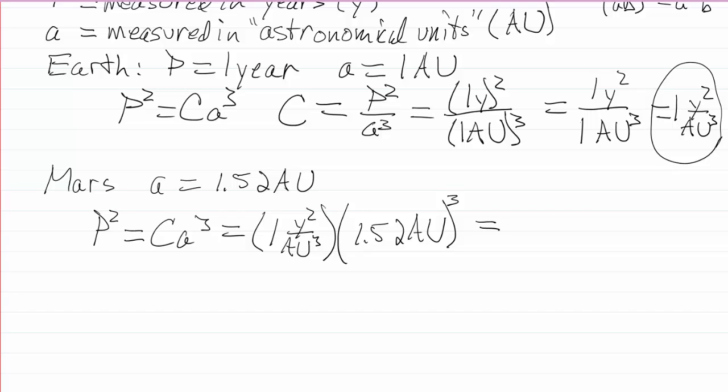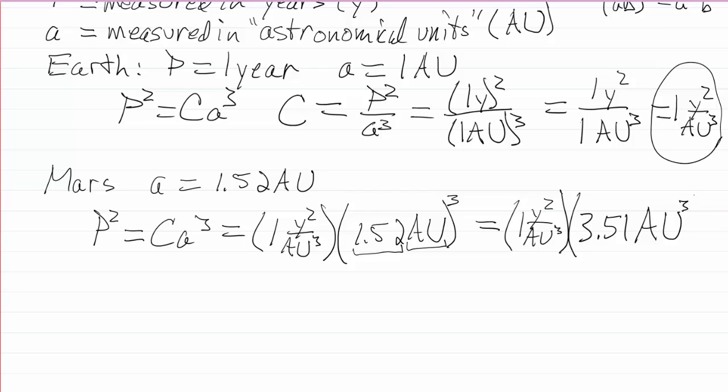Remember, when you cube things that are multiplied together, I will cube this number and I'll cube the units. I treat the units like an algebraic quantity. So I've got over here 1 year squared per AU cubed. The cube of 1.52 is 3.51, and the cube of AU is AU cubed.